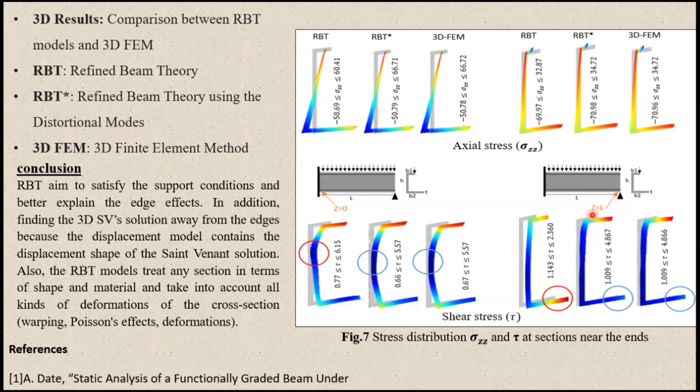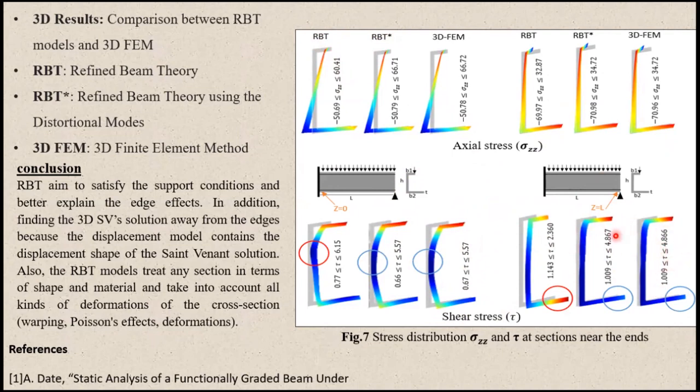The results obtained near the edges indicate a good agreement between our refined beam theory and the refined beam theory using the distortional modes in terms of axial stress and shear stress, and those obtained by the 3D finite element method in terms of numerical results and sectional deformation, especially between the refined beam theory using the distortional modes and the 3D finite element method.